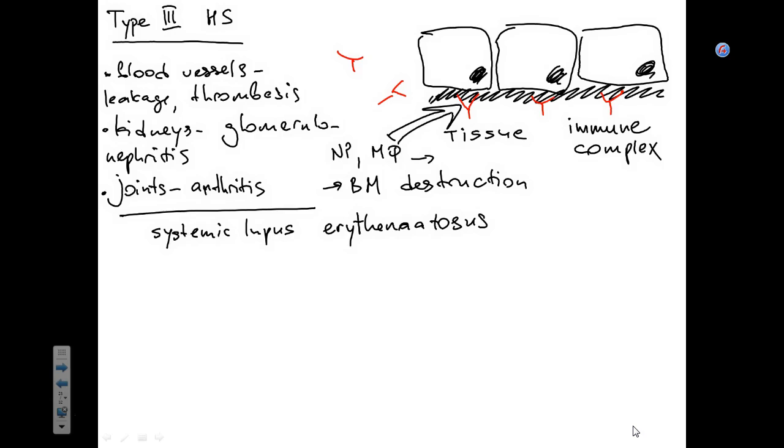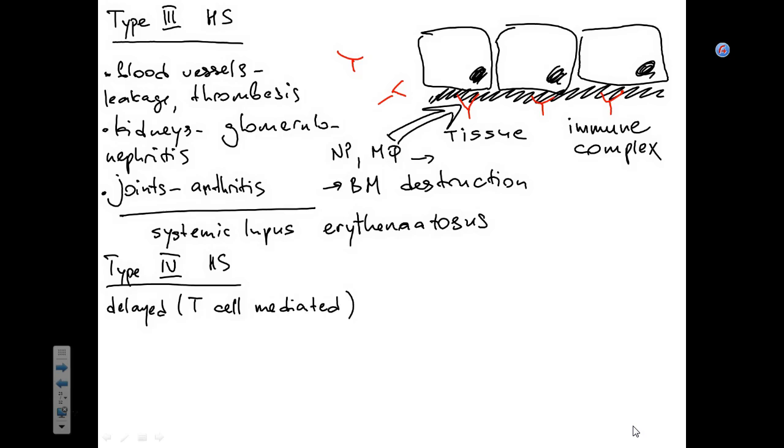Is that clear? Type 4 hypersensitivity is also called delayed, because it is mediated by T cells. And as you can imagine, to develop the T cell response, it takes some time.